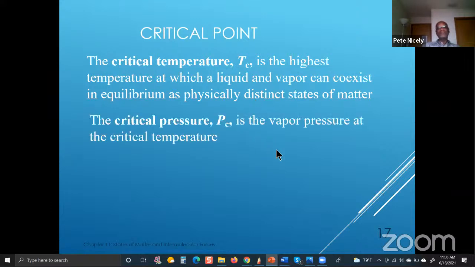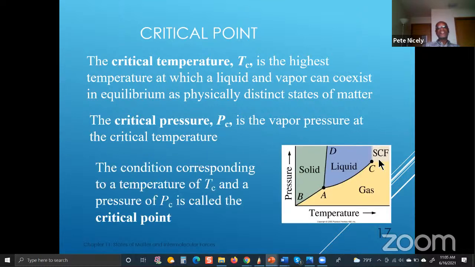Beyond that, you won't be able to do that. But you also have to have the corresponding critical pressure, which is the vapor pressure at the critical temperature. So that point, the critical point, is where you cannot make a distinction between the two. And that would be right here, right? Now, beyond that point, the state of the substance, we call a supercritical fluid. That's what SCF stands for, right?